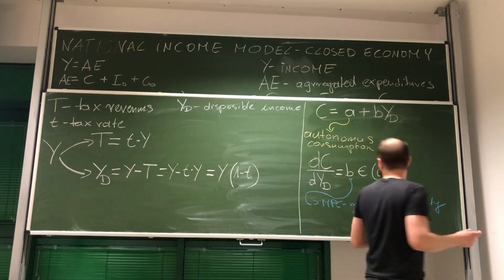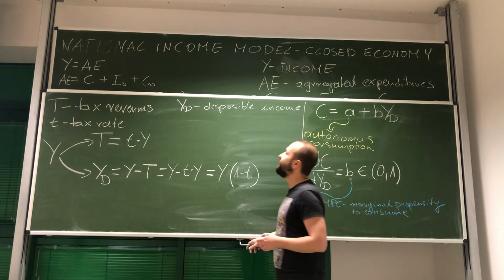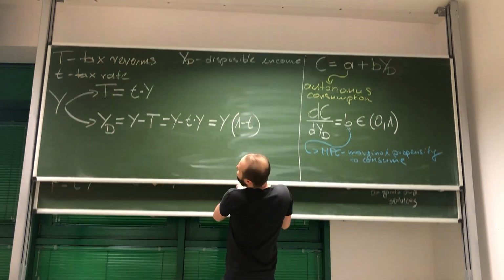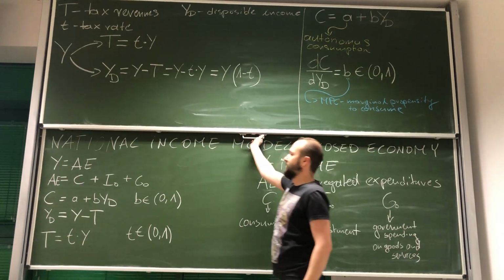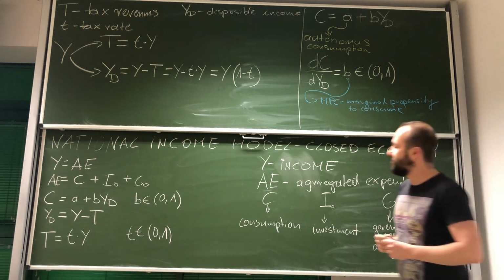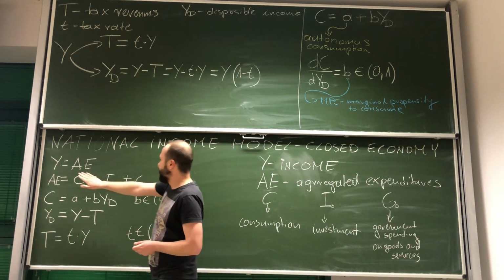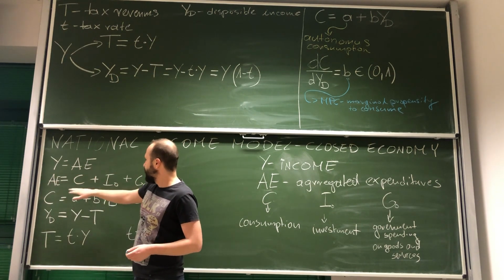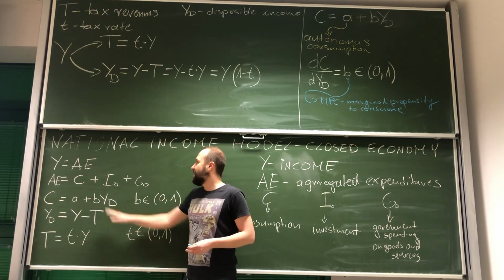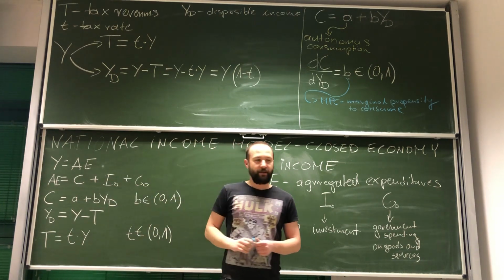Okay, so look, now we've got it all. The only thing that we haven't discussed is actually equation number 1, right? We've explained what we've got in each of these equations. But what is this?